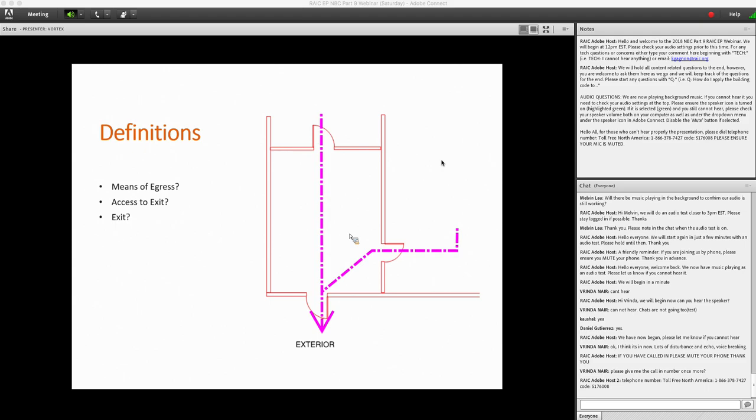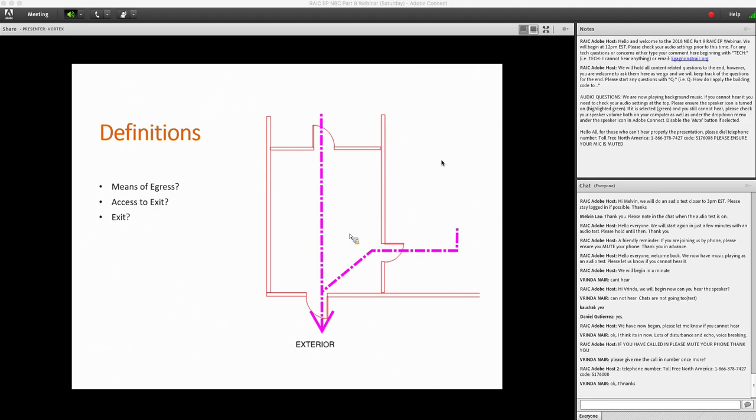So what is a means of egress? A means of egress is essentially providing a continuous path of travel in a floor area in a building, and it comprises the access to exit and also the exit. So the exit and the access to exit are part of our means of egress from a building. Your access to exit is essentially providing access to an exit in a floor area.